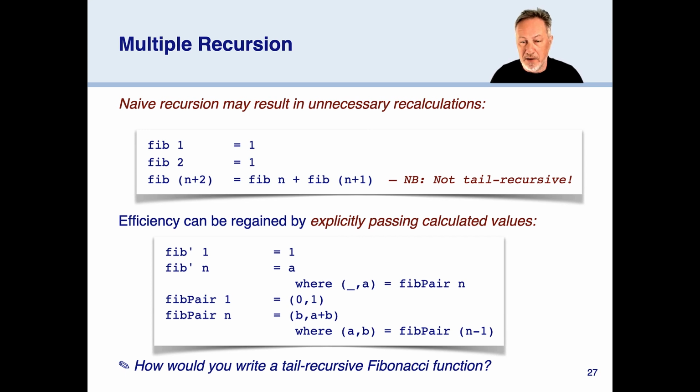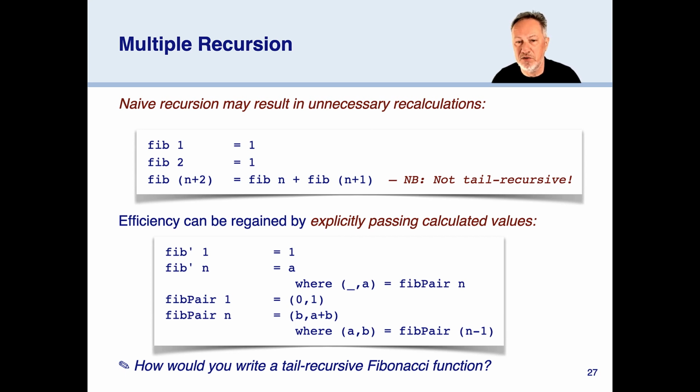Multiple recursion can be dangerous. If you have a naive recursion with multiple recursive calls, that may result in exponential complexity. So here's a naive Fibonacci function. Fibonacci of 1 and 2 are each 1.